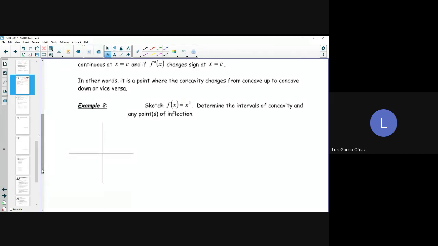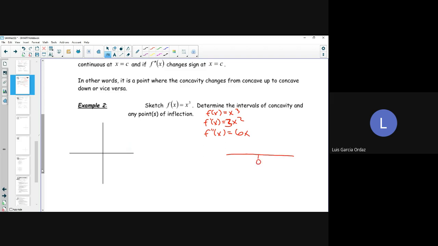So I have f of x is equal to x cubed. Then my derivative of f of x is 3x squared. And then f double prime of x is equal to 6x. So now I need my sign chart.